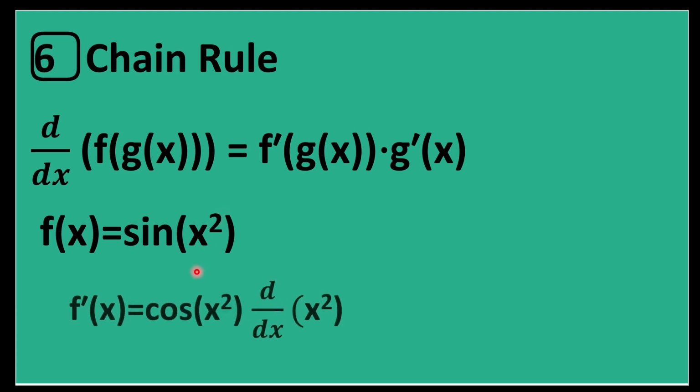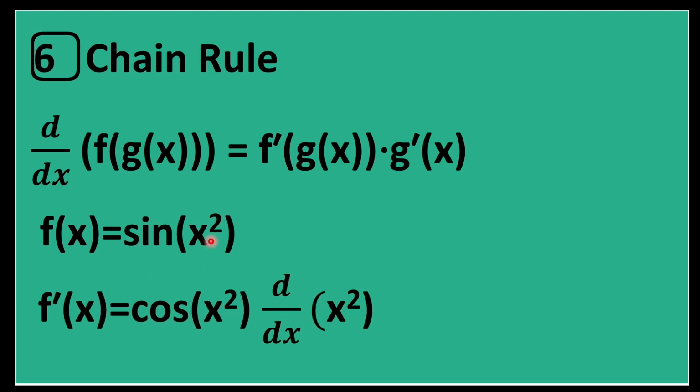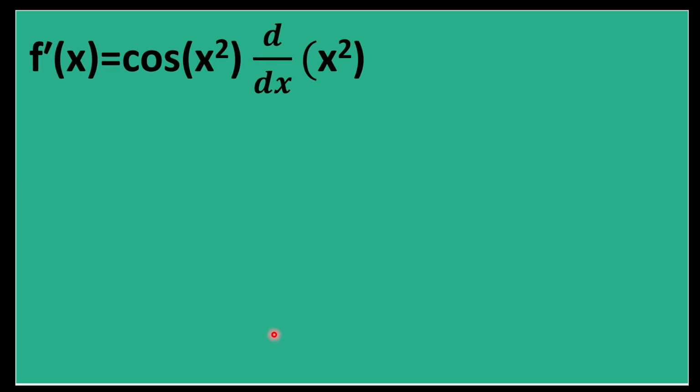As I told you, for sine of x square, the differentiation of sine is cos, so it will become cos of x square, and again we will differentiate this x square, which is equal to 2x.